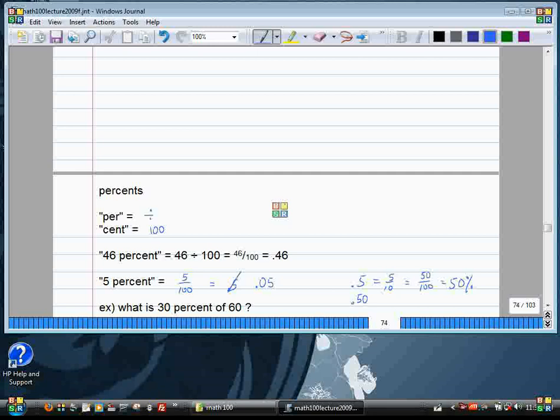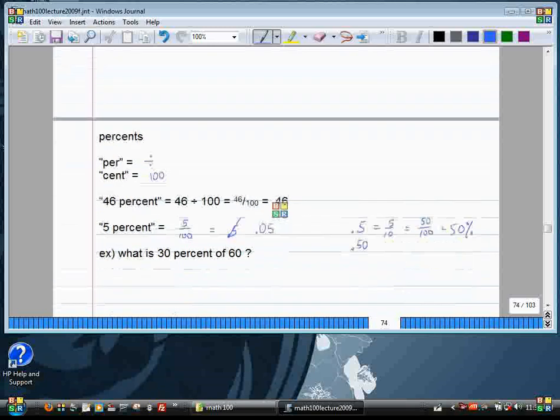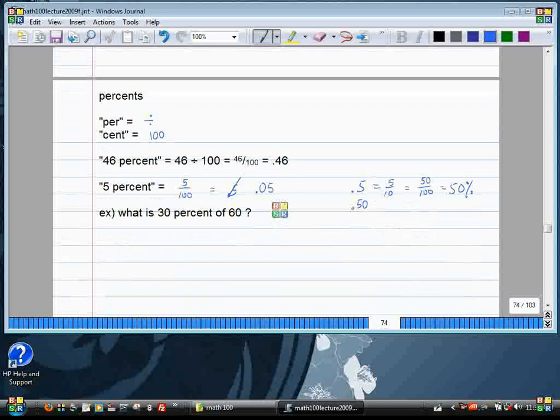Next, what is 30% of 60? How do we figure this out? Okay. So let's convert this to math. What are the things that we can convert to math directly?